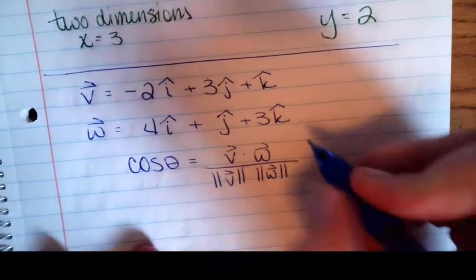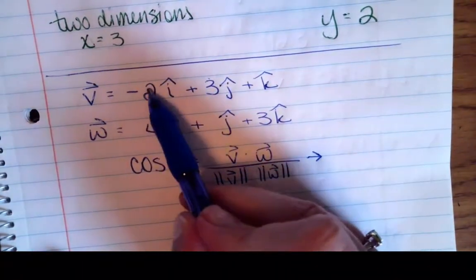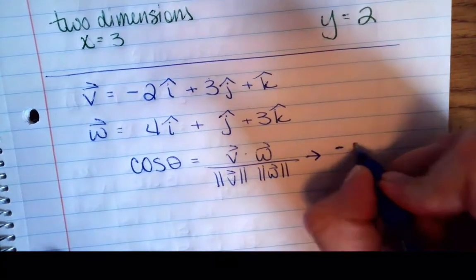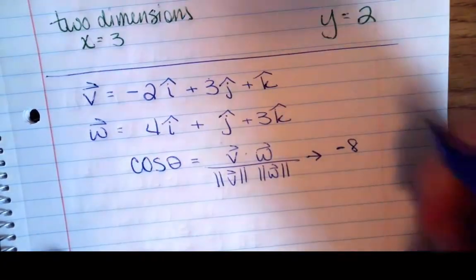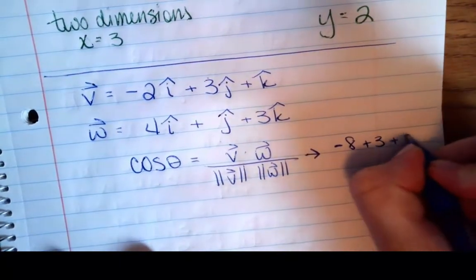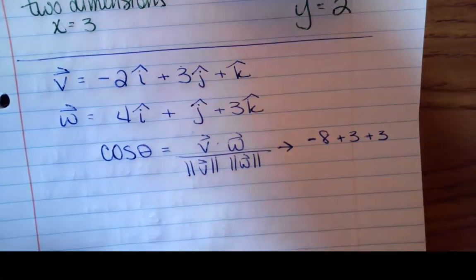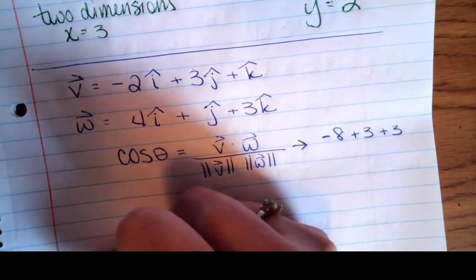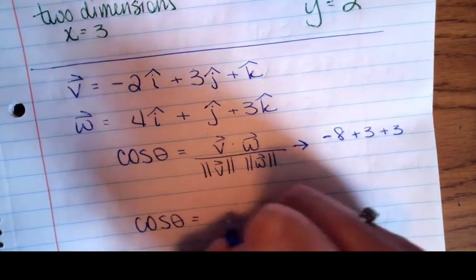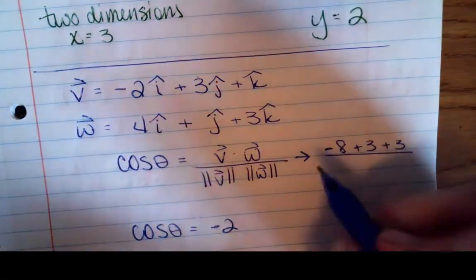So looking at that, my dot product is going to be negative 2 times 4, which is negative 8. 3 times 1 is 3. And 1 times 3 is 3. So negative 8 plus 6 is negative 2. So the cosine of theta is negative 2 over the magnitudes.